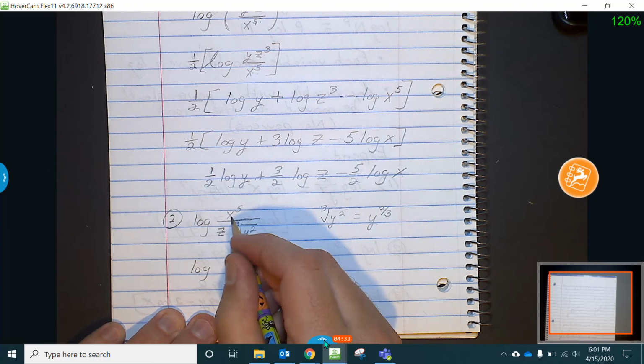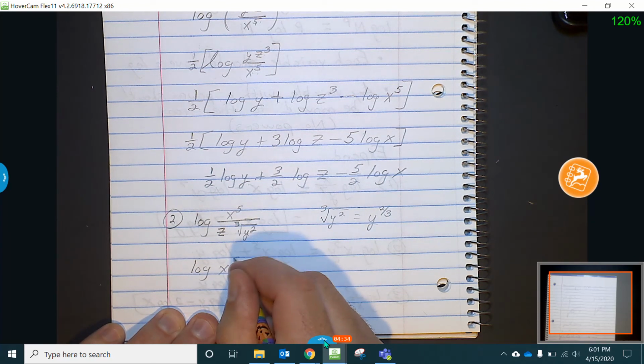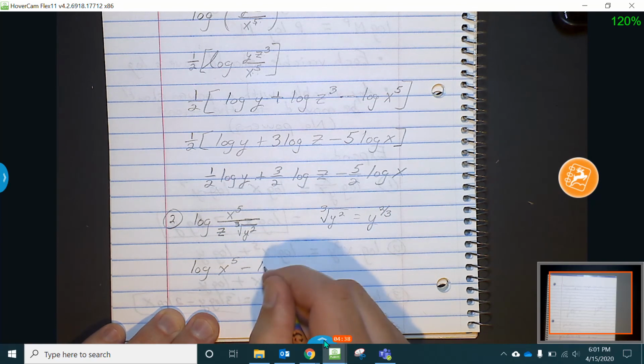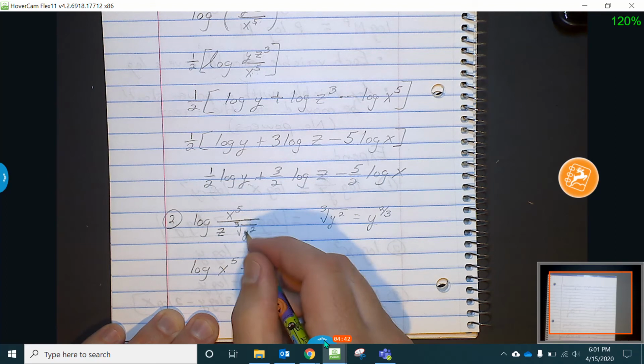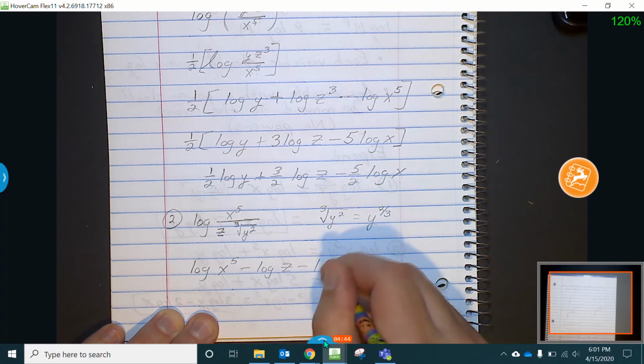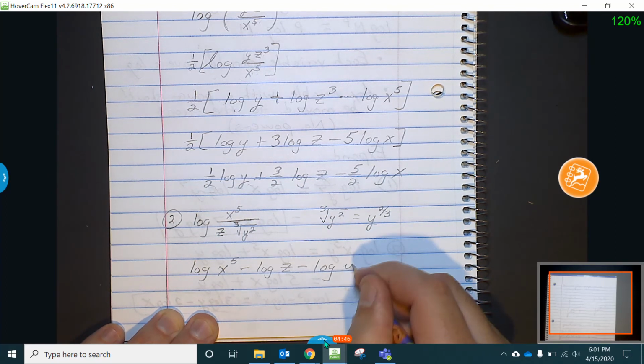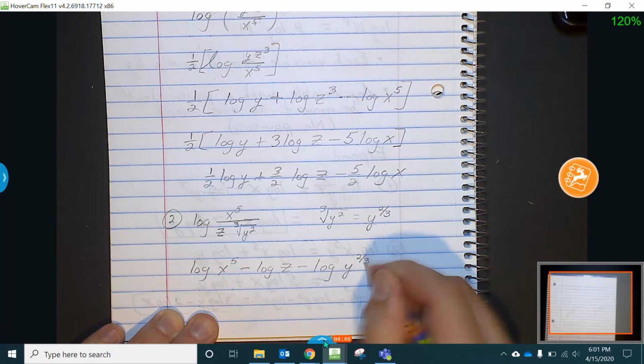So x to the fifth is on top, so it gets a positive. The z is on the bottom, so it's going to get a minus. And then this cube root of y squared is on the bottom, it gets a minus. It's going to be y to the 2/3 because of what we already explained.